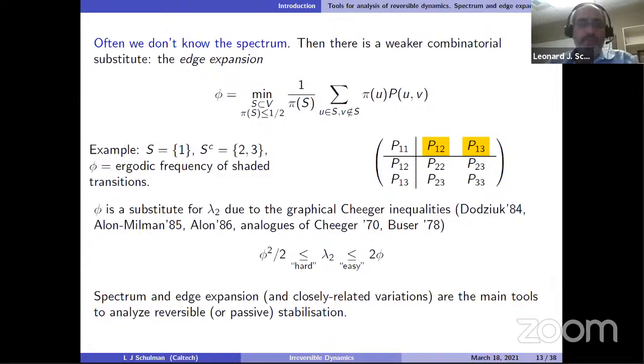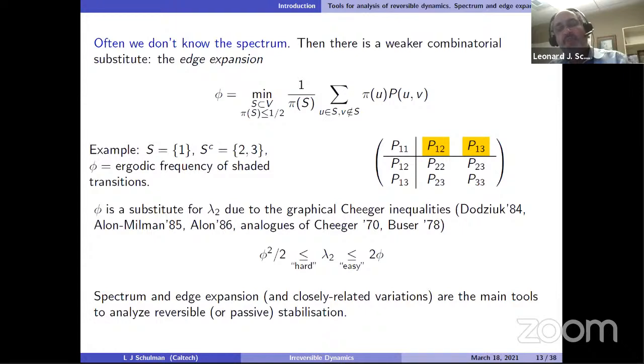Okay. So this quantity phi, and we have techniques, which I won't talk about right now, for how to bound phi in all kinds of algorithmic cases that we care about. Now, phi is a substitute for lambda 2 due to the Cheeger inequalities for graphs.